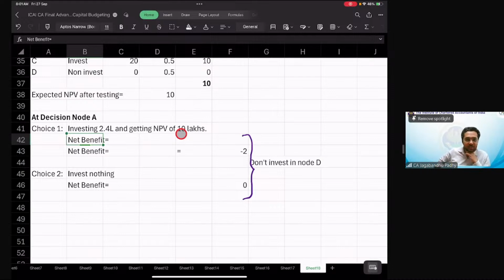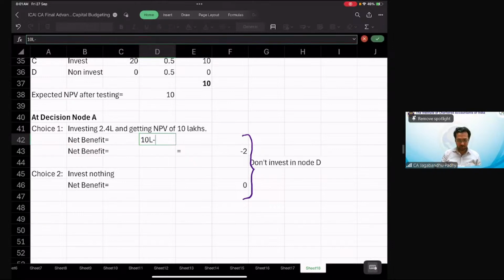So what will be your decision? Whether to invest 2.4 lakhs for an expected NPV of 10 lakhs, or you should not be investing? Tell me, guys, what will be your decision at node A? Of course, invest, right? Because net benefit over here is 10 lakhs minus 2.4 lakhs.